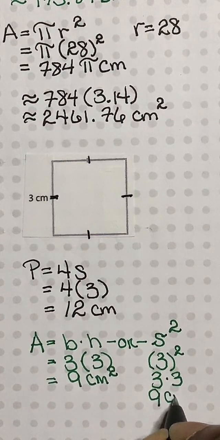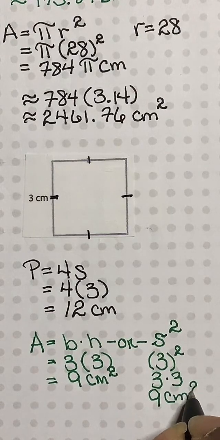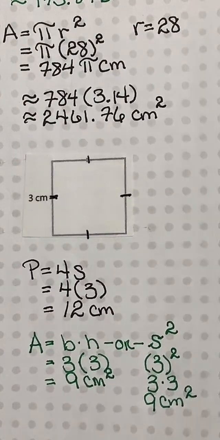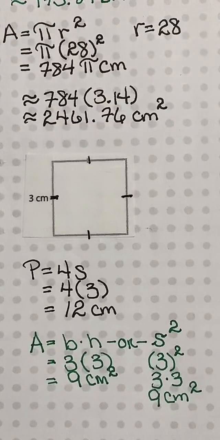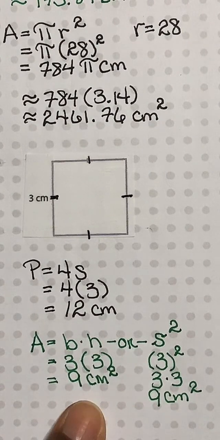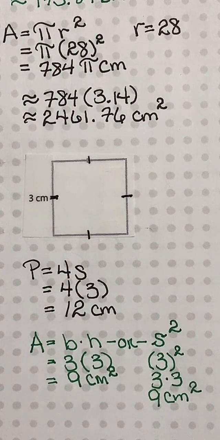So you have your 9 centimeters squared. So if you can't remember the side squared, you can easily remember your base times height. Base times height or length times width doesn't matter. Just multiply those 2 sides. One's your length, one's your width.